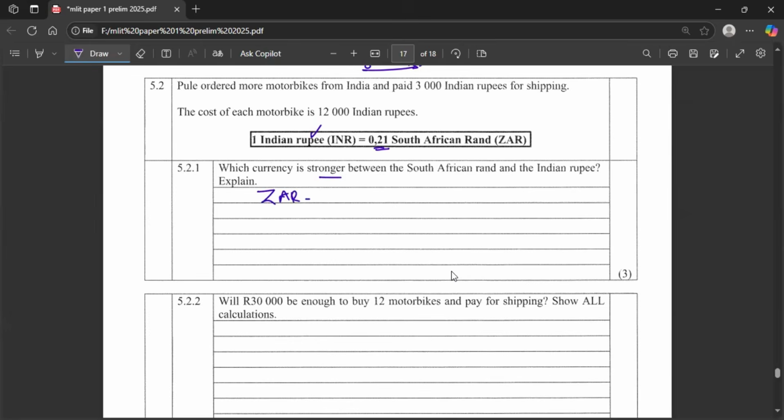South African rand will be stronger because you get less units of the rand for more units of the rupee. So that would be the explanation that I'm getting.